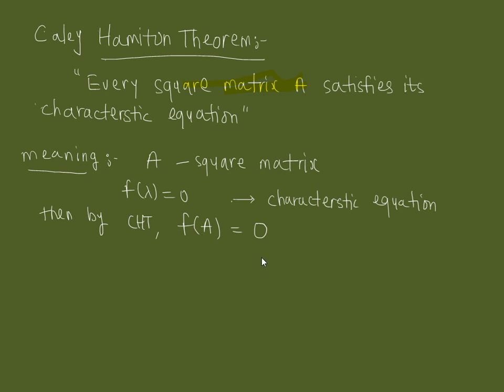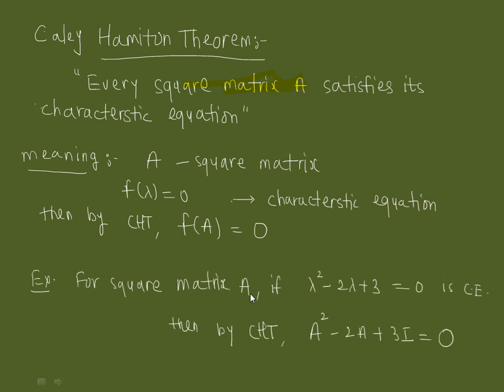Okay, let's try to understand this with an example. Suppose for any square matrix A, this is your characteristic equation: lambda square minus 2 lambda plus 3 equals 0. Then by Cayley-Hamilton theorem, A square minus 2A plus 3I equals 0. In the examination, sometimes the question is directly asked like this.